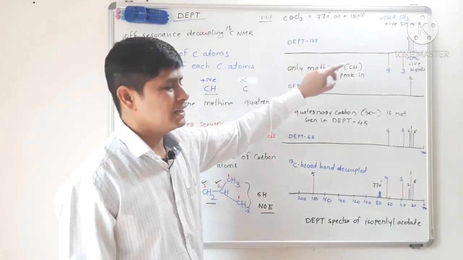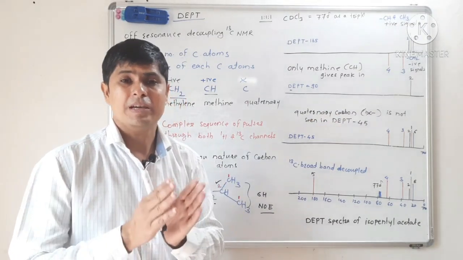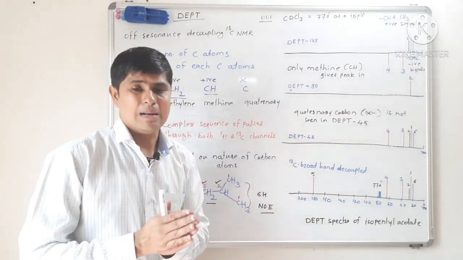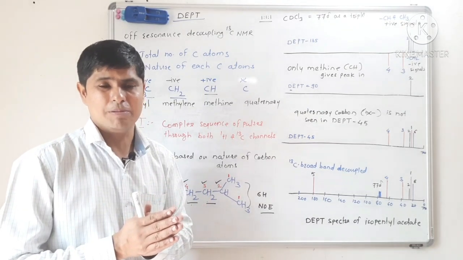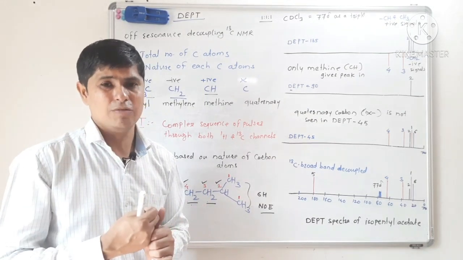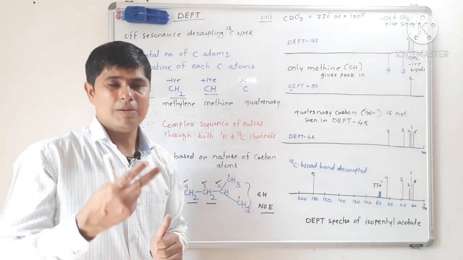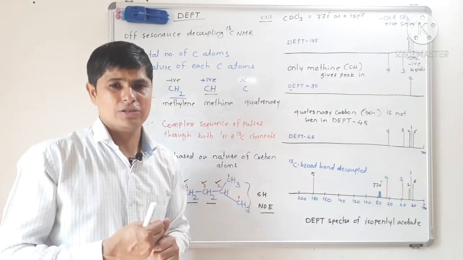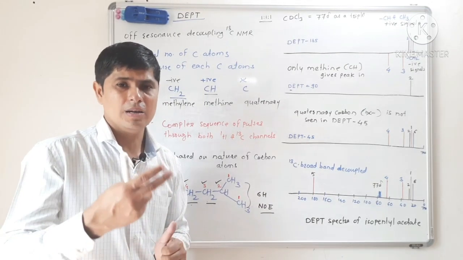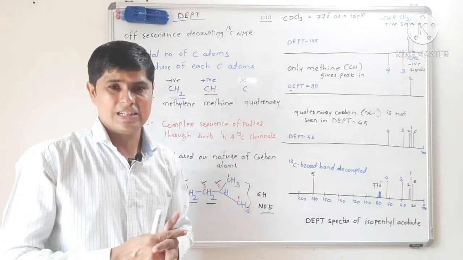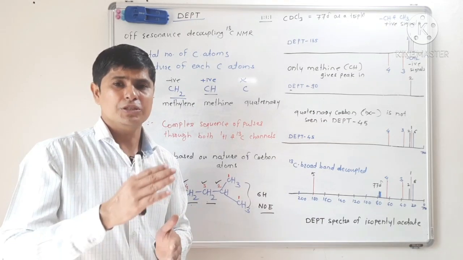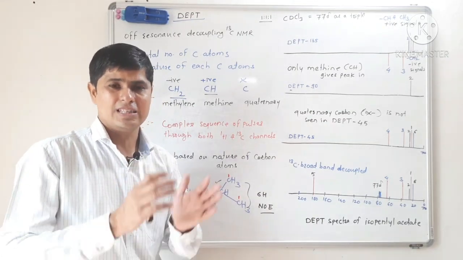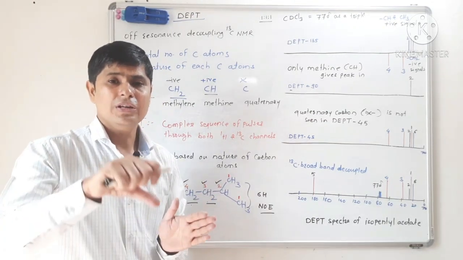While in DEPT 135 we can see peaks for all the carbons except quaternary carbon, in two phases. The carbon which bears an odd number of protons, that is CH and CH3, will give positive peaks, while the carbon which bears an even number of protons, that is CH2 carbon, will give a negative peak.